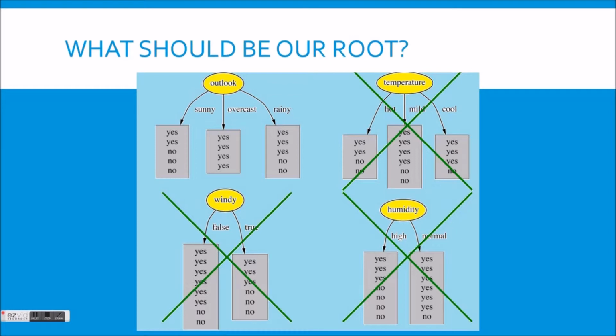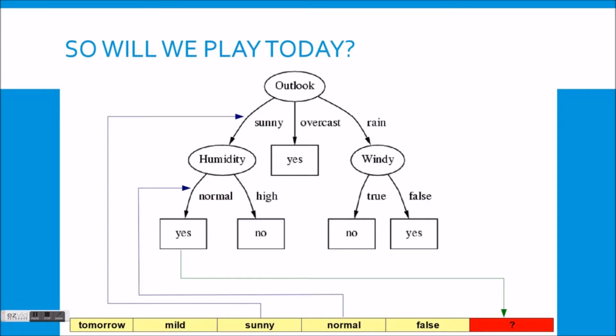The entropy, information gain, along with the algorithm J48, which is a derivative of C4.5, will help you to design what decision tree you should be using. So the final decision tree after applying the relevant algorithms is shown here.